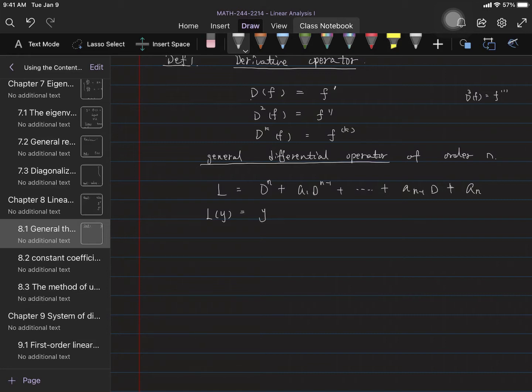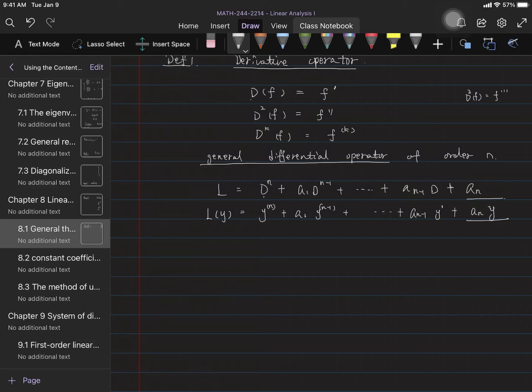Corresponding to D^n, that means the nth order derivative of the function, and a1 times the (n-1)th derivative, and plus a(n-1) times y prime. And be careful here: an means no derivative, it just means the original function. Just be careful with the last term. Even if it is a constant, it is like multiplying 1 by the function, so still keep the function there. Just be a little bit careful.